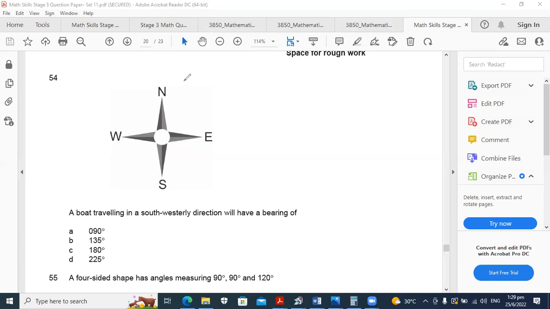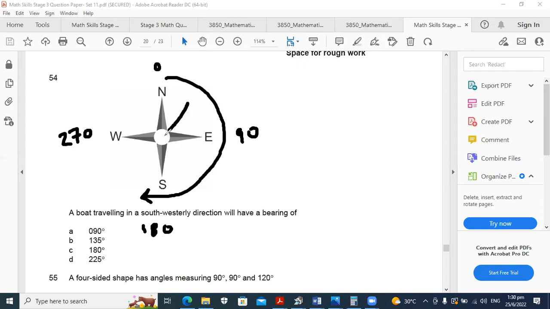What you need to know is bearings. Bearings are measured clockwise from north. So this is 0, 90, 180, 270.